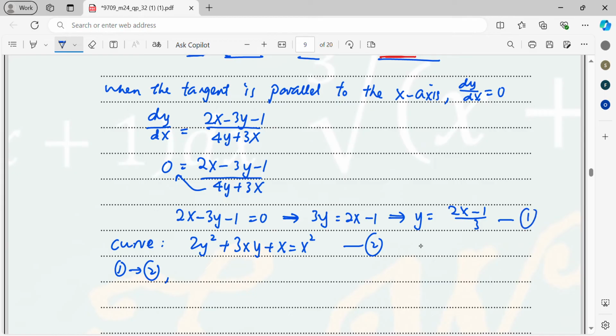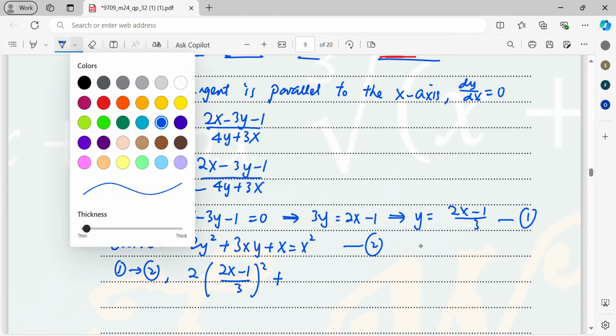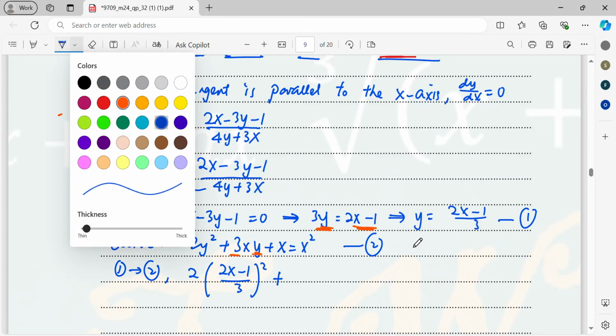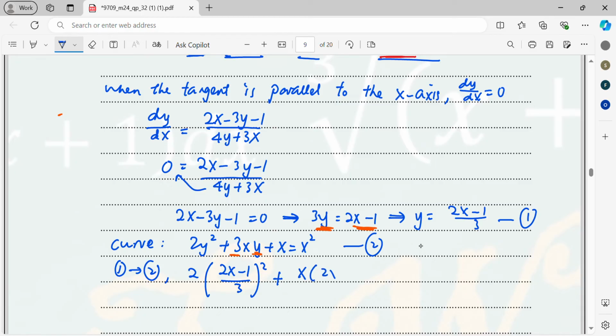So I will be getting 2 times ((2x minus 1) over 3) squared, then plus 3xy. For this 3xy, I will group the 3 together with the y, which means it will be 2x minus 1, so I just need to times x by 2x minus 1. That is my 3xy. Then plus x, after that equals x squared.